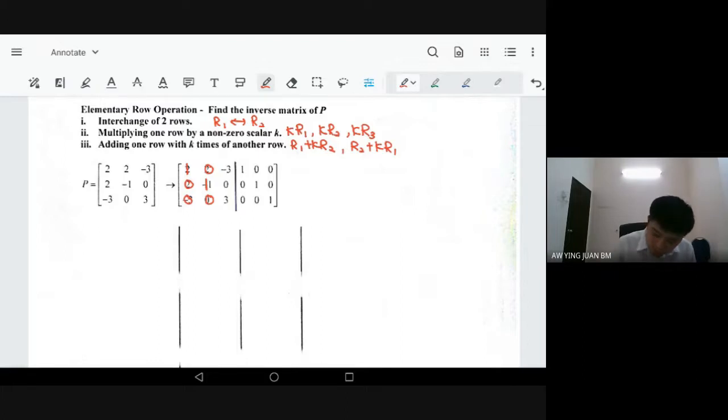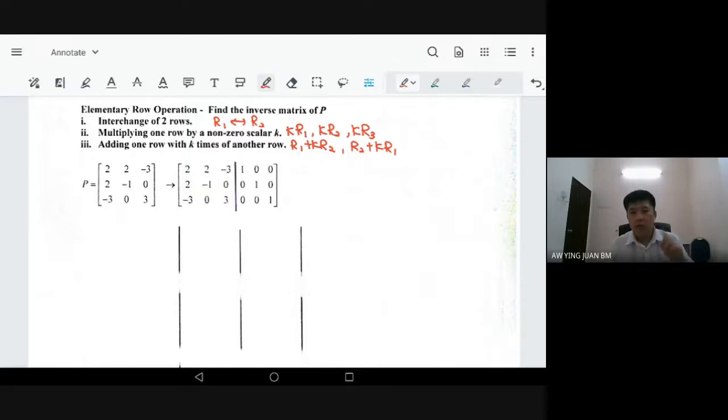Step number 7, this one becomes 1, then 0, 0. Make sure everything on the left hand side, the matrix P, becomes the identity matrix. Then the result on the right, which is this part, will be our inverse matrix of P. That will be the situation. So let's begin.